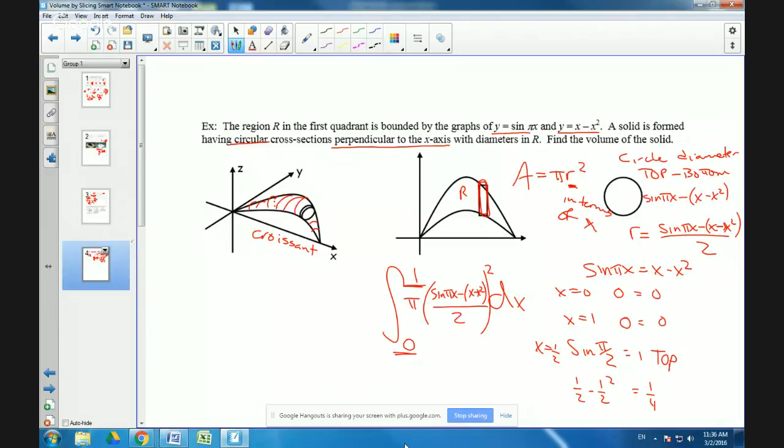If it's a no calculator problem, they're going to say, set up, do not calculate the integral. So this is all you're going to have to write out. If it's calculator friendly, they will say, set up the integral and calculate the answer. You'll just throw this into your Math 9, put it all in. Bam. Got it.